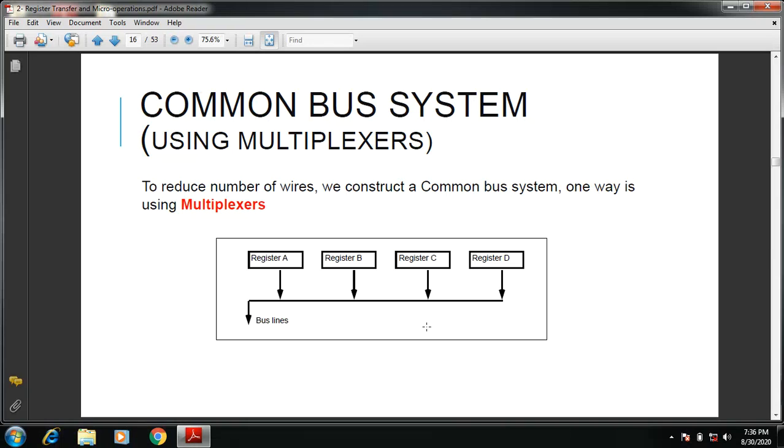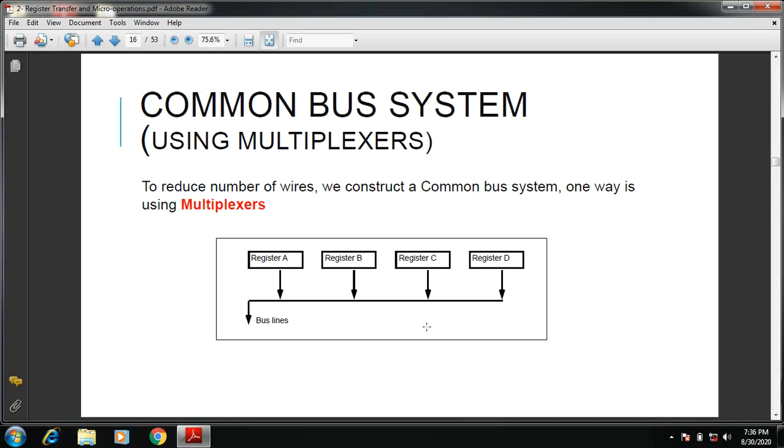But by using a common bus system, using multiplexers to construct a common bus, it reduces the number of wires, that is, reduces the number of buses, by transferring information from register to bus or bus to register. That is the only way, by using multiplexers.